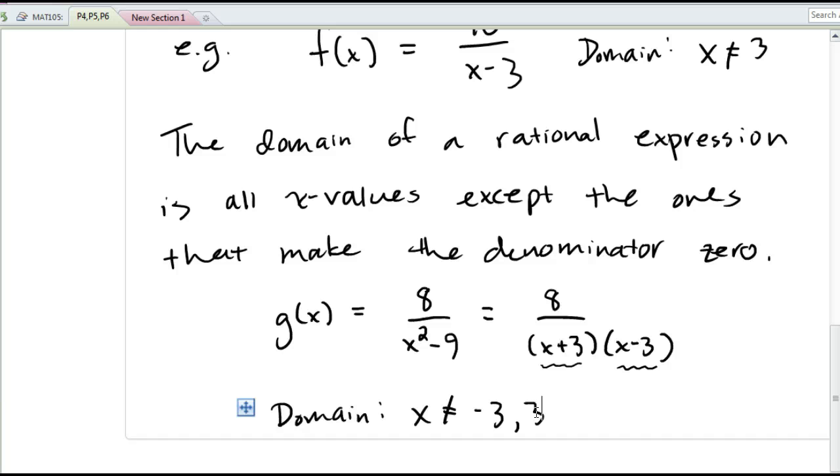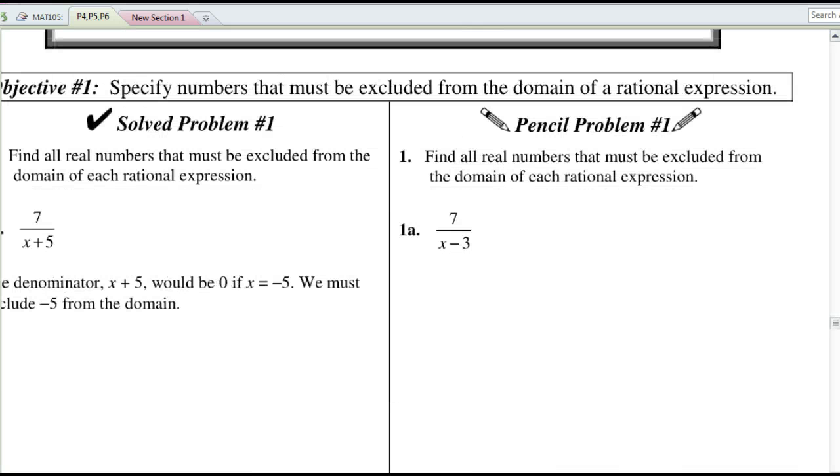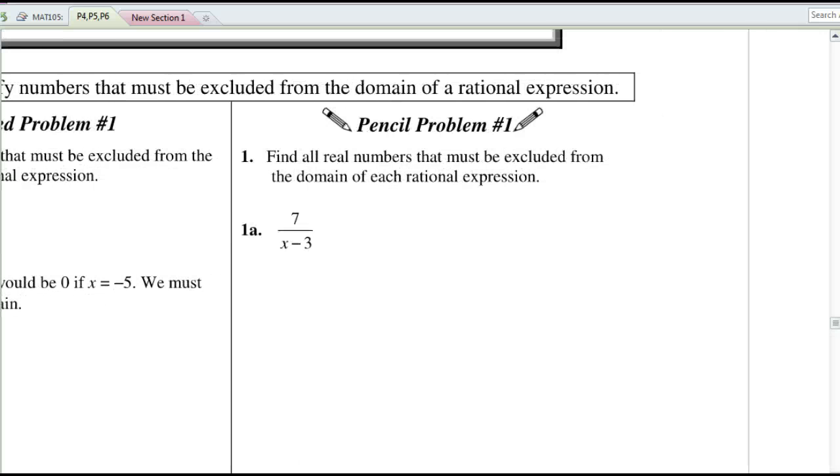So let's go back and see if we can get a handle on some of the learning guide problems. Okay, so this first pencil problem number 3, they don't even give the function's name, they just say, here's the rational expression, tell me which ones we need to exclude. So here we need to exclude x equals 3.